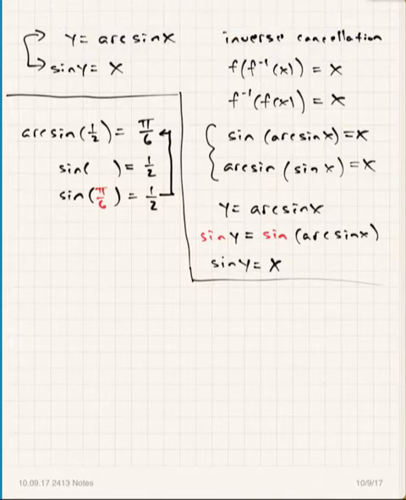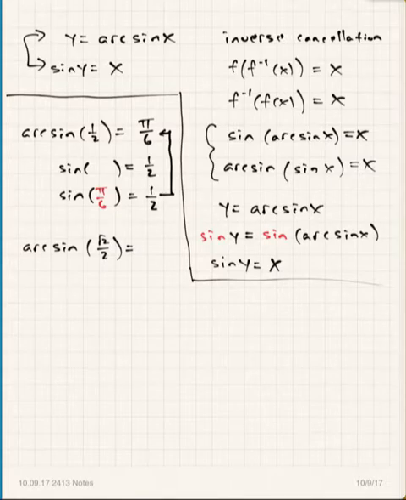Okay, if we had the arc sine of the square root of 2/2, and you're trying to figure out what that is, the square root of 2/2 is in the correct domain, so that's okay. The domain for the arc sine function, remember, is x values from -1 to 1.